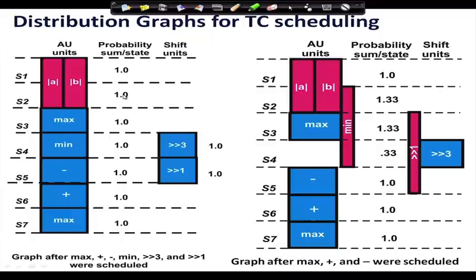A and B. Now, so this was after max plus minus were scheduled, I got this. So, max is put in S3, min comes in S4, and A and B. Now, what is the situation here? It was 1.33 here. As soon as min is scheduled here, both of these become 1.